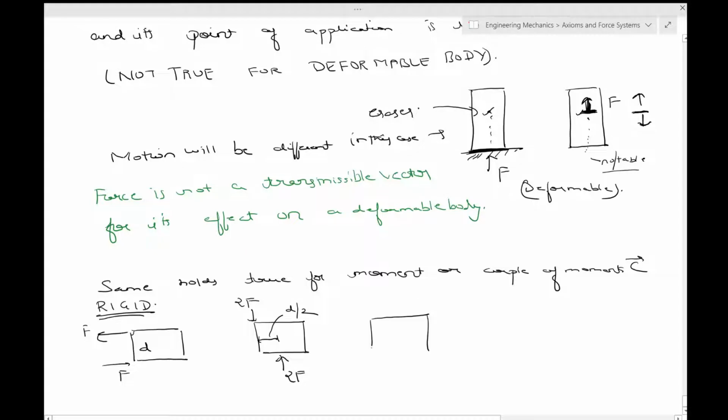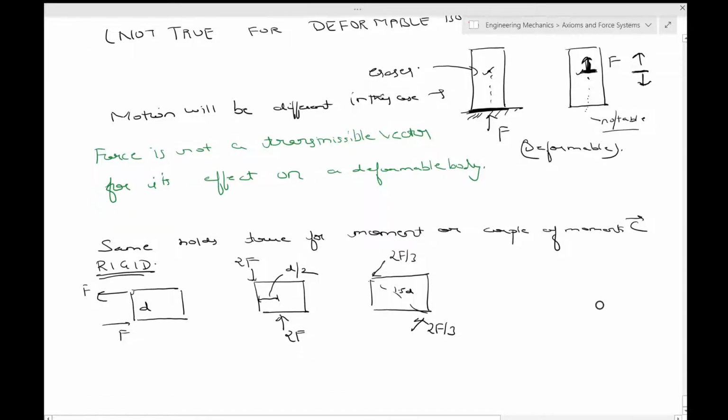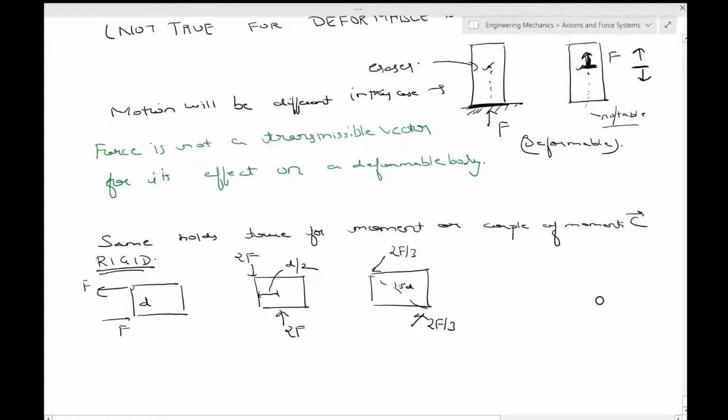And the last, or I mean many possibilities, but three cases which we are seeing, this is 2F by 3, this is 2F by 3. You should be able to find what angles they are, if it has to be equivalent to this one. So these are all equivalent moments, and they will have the same effect on this, and because they were transmissible, you could have had any change and it would produce the same effect.